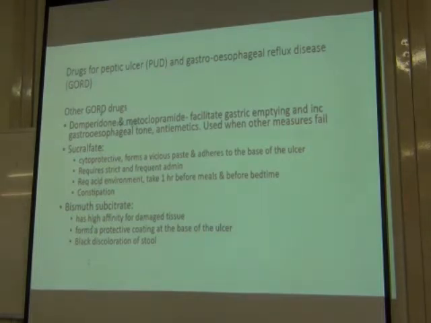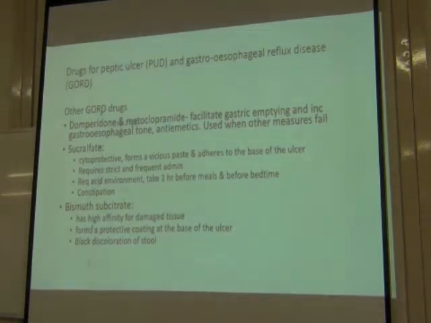It helps to increase that, but you don't want to increase the peristaltic movement of the GIT unless all the other drugs have been tried. Antacids have been tried, your proton pump inhibitors have been tried, and your H2 receptor blockers have been tried, and they're not working. That's when you want to use these drugs that facilitate gastric emptying and increase gastric tone, to reduce the feeling of fullness that the patient has.